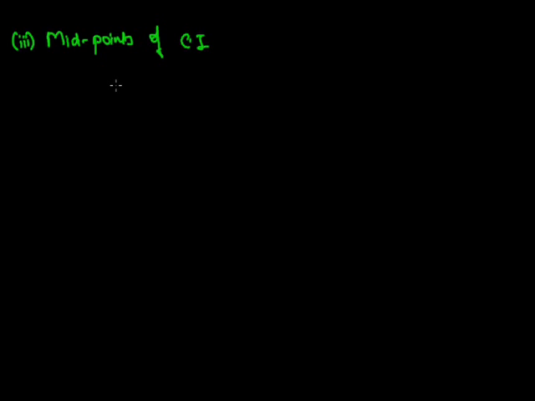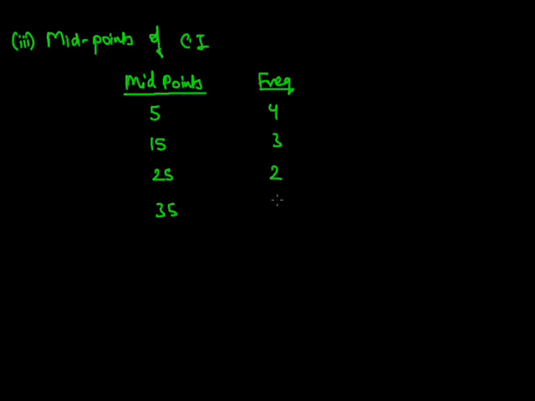Suppose I take midpoints as 5, 15, 25, 35, and on the basis of that I have taken some frequencies: 4, 3, 2, 1. So now, as you can see, midpoints are given against frequency.